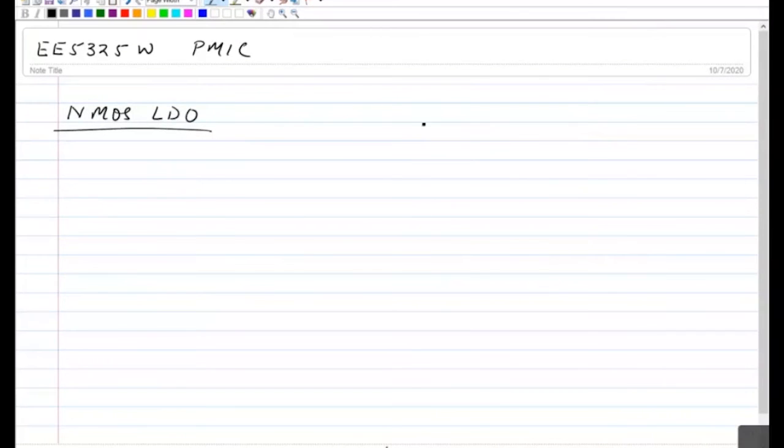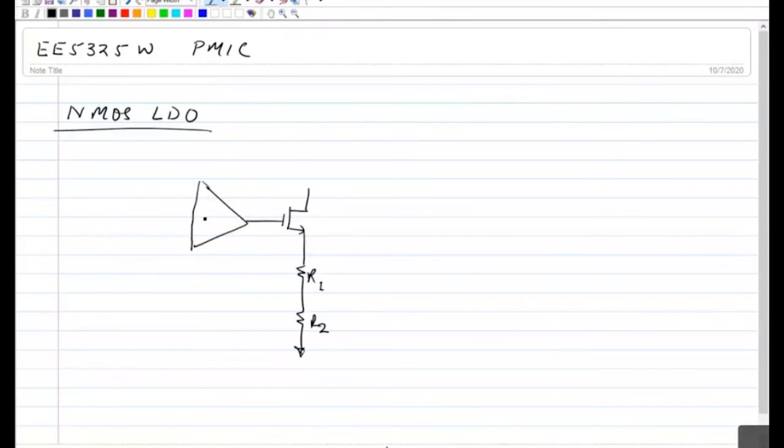Okay. So we'll talk about NMOS LDO. So in the NMOS LDO, instead of a PMOS at the output stage, which we call the pass element, we have an NMOS. And the rest of the things will remain the same. R1, R2, and you have the error amplifier here.